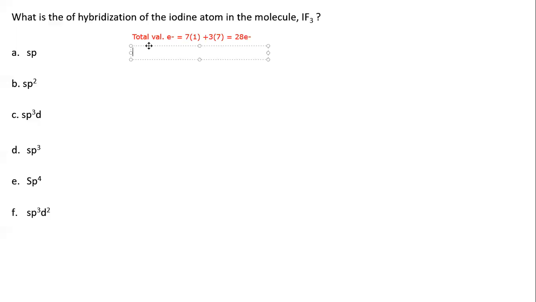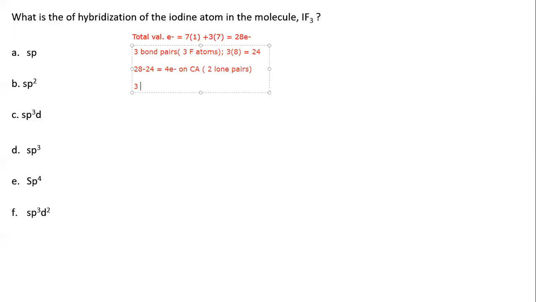And so there are going to be 3 bonding pairs because we have 3 fluorines. Each bonding pair wants 8 electrons. So 3 times 8 is 24. What's left is 28 minus 24, so we're going to have 4 electrons on the central atom. So this is 2 lone pairs.